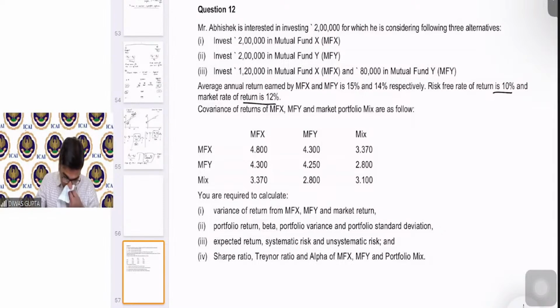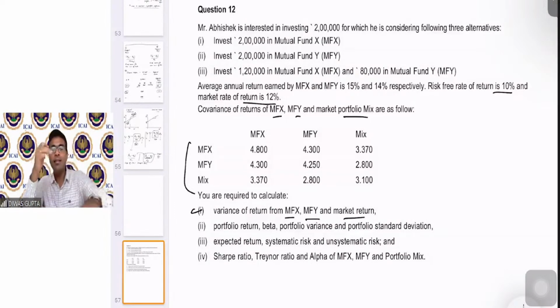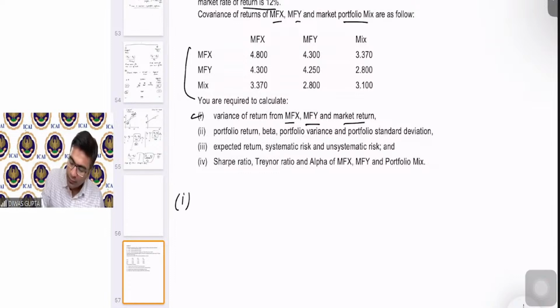Covariance of returns of X, Y, and market portfolio are as follows. They have given us the covariance also. You're required to calculate the variance of return from MFX, MFY, and market return. So this is easy. We can calculate that. So students, if you see the matrix that they've given to us, MFX, MFX, the covariance, it simply means it is variance only.